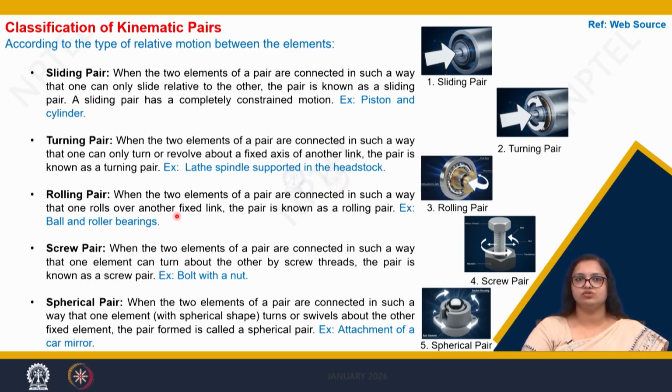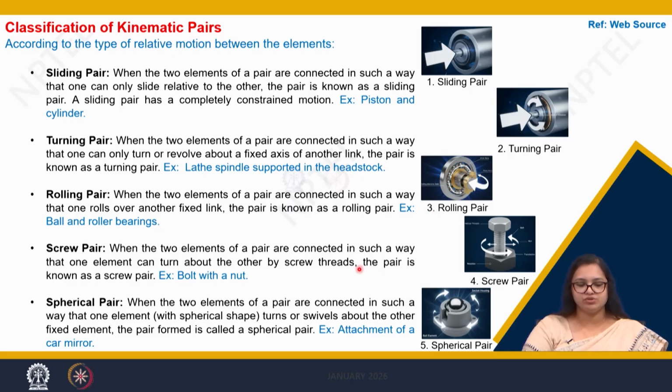All of us know how a ball bearing looks. It can be a ball bearing or a roller bearing, where we have a bearing housing, and inside the inner housing we have multiple balls which help in transmission of motion. This ball rolls inside the inner housing of the bearing, which we call a rolling pair.